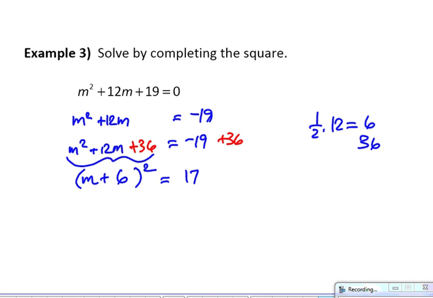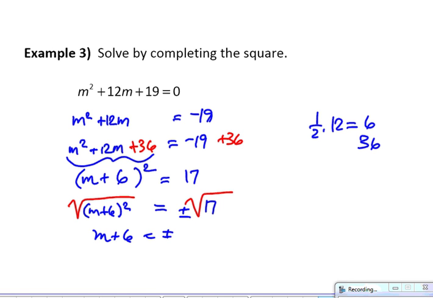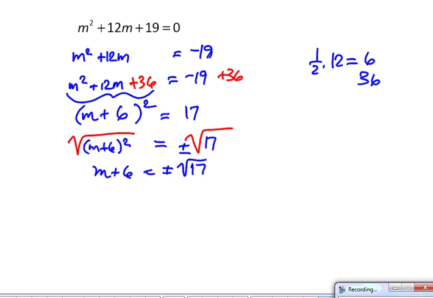Once I do that, I'm going to take the square root of both sides. This will be a plus or minus, so the square root of m plus 6 squared is the square root of 17. That will simplify to m plus 6, and then plus or minus the square root of 17. So we end up with two answers: m plus 6 is equal to the square root of 17, and m plus 6 is equal to a negative square root of 17.